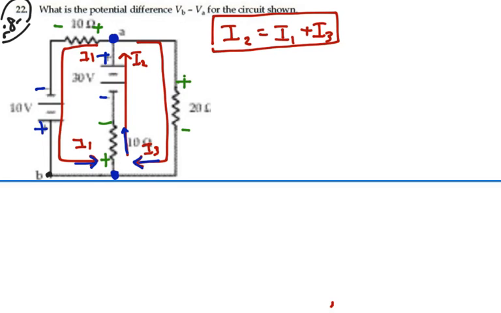Now we want to find I1, say. So in order to find I1, we want to choose the loops that have I1 in them. That would be the left loop and the outer loop. So those would be the two loops we choose. So let's do the left loop.